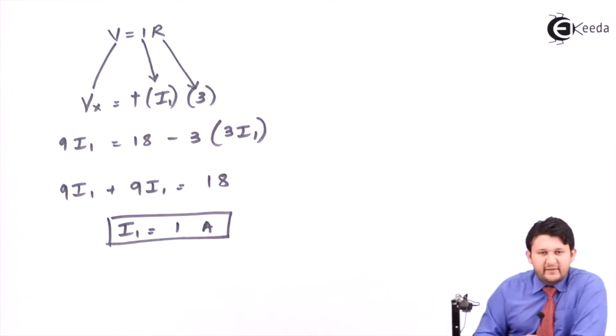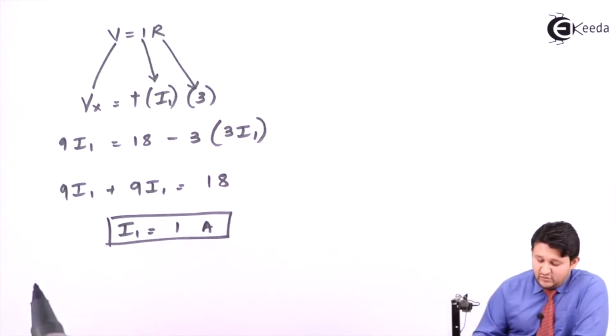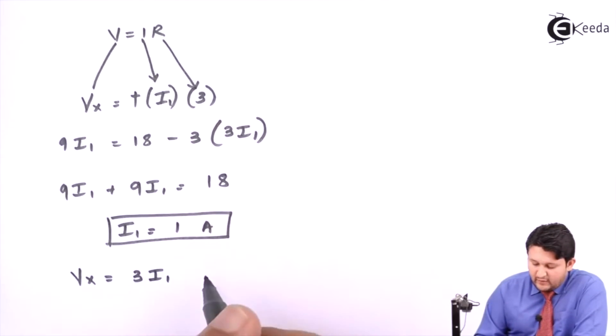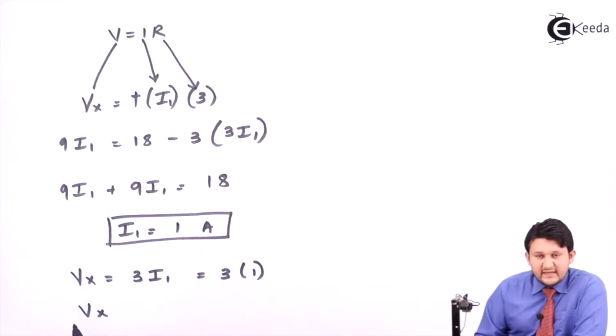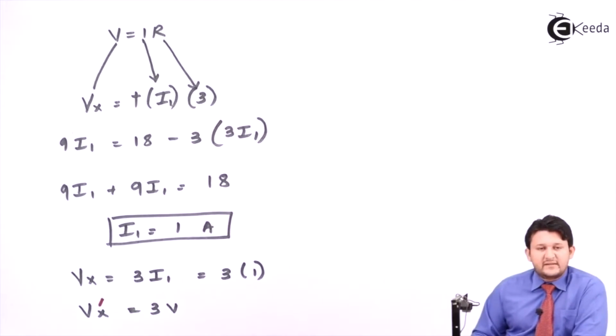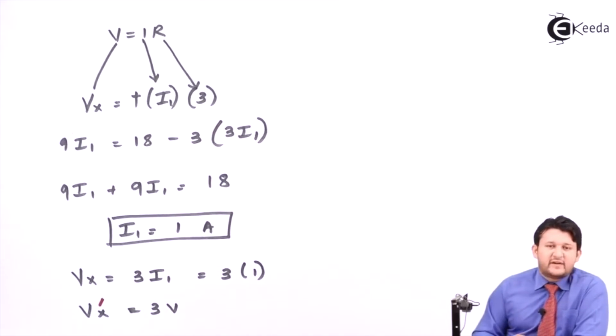You don't need to find I1, my dear friend. You need to find Vx in every case. So Vx equation is already there. Vx is equal to 3 into I1. So this will be 3 into 1. So this is the first case. So the value which you got is 3 volts. Since this is the first case, we will be writing V dash. Since it is a voltage, there is no need of direction.